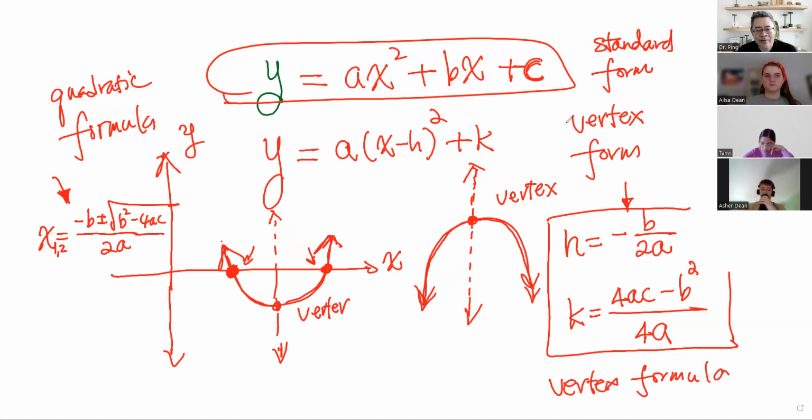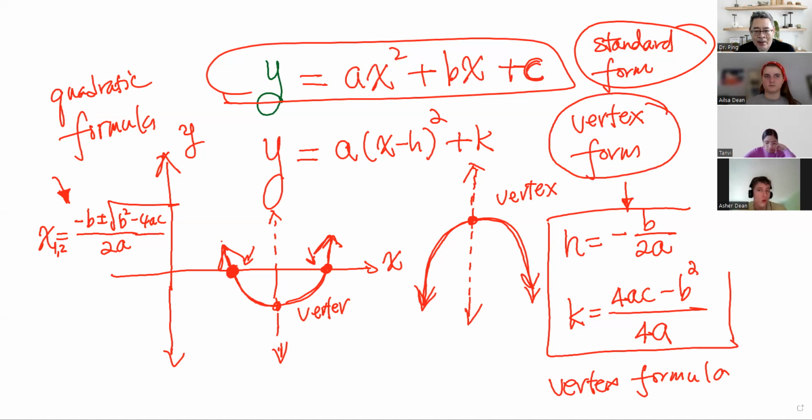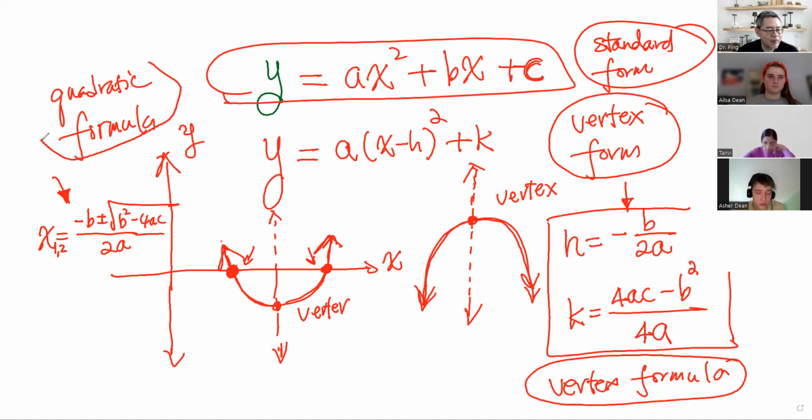So when learning about quadratic functions, we actually have 2 forms, standard form and vertex form. We also have 2 formulas. One is the vertex formula, the other is the quadratic formula. And with that, we pretty much can graph the function.